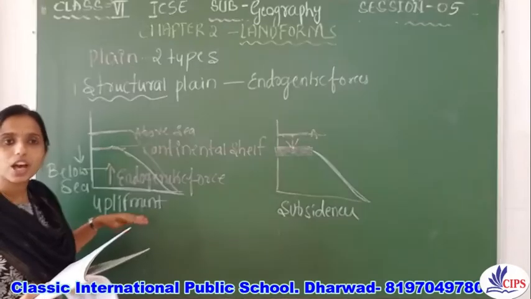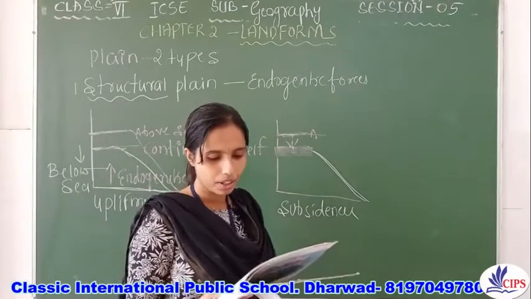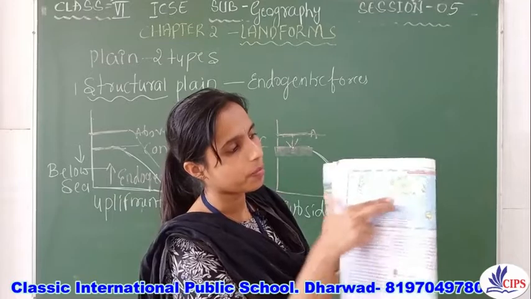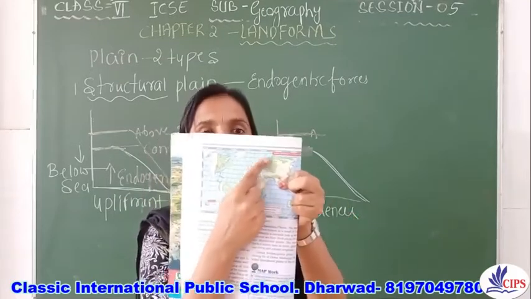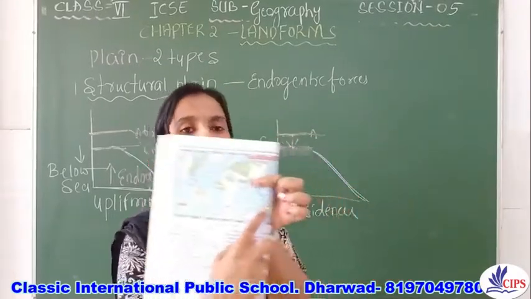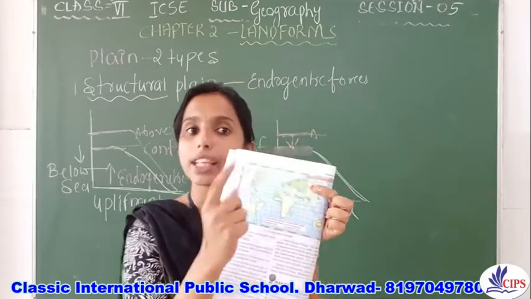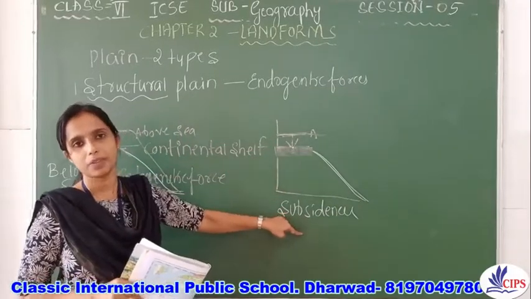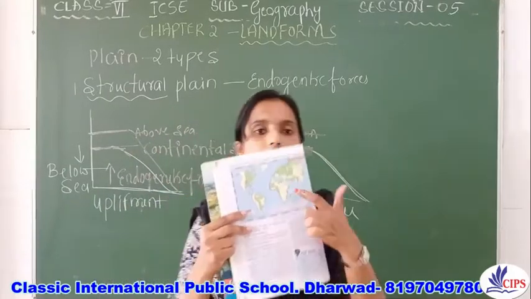These structural planes have been formed due to the upliftment of the area, whereas the vast plains of Russia, see this part, and the central lowlands in Australia, these two plains have been formed as a result of subsidence of the area. Go through this map properly.